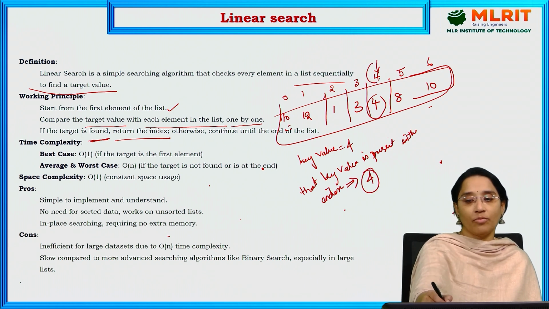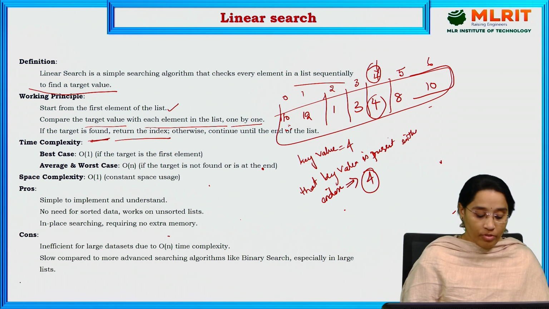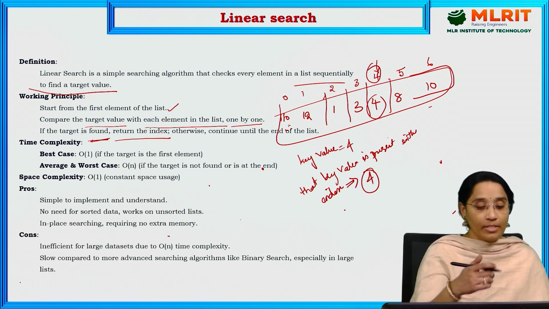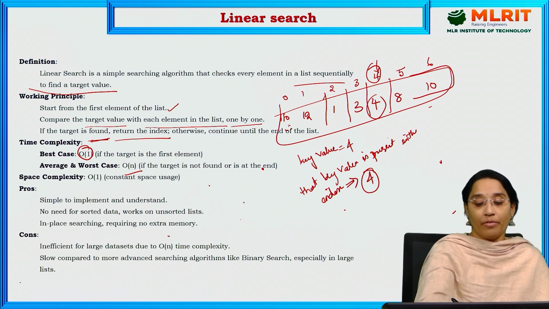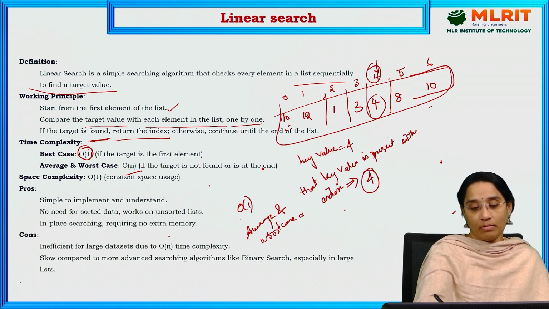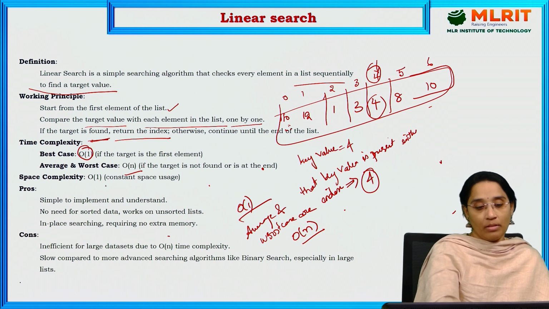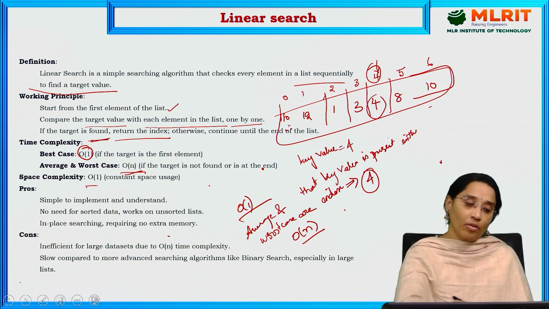At position 4, you got that key value. The time complexity of linear search for the best case is order of 1. Order of 1 is the best case, and the average and worst cases are order of n. And space complexity is again order of 1.